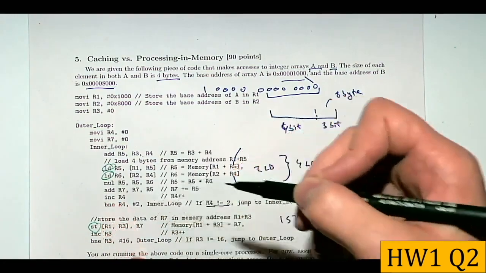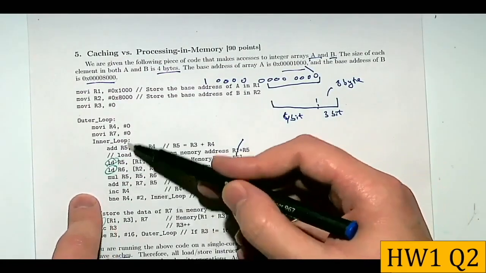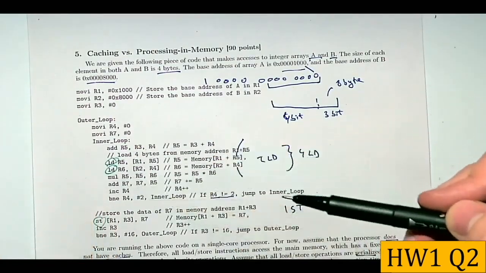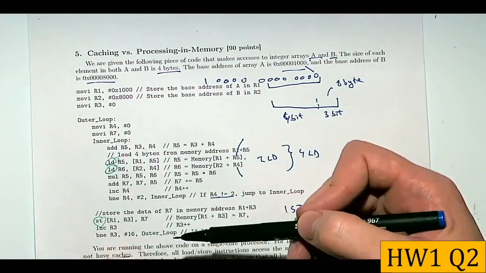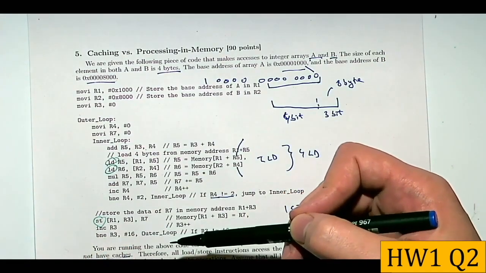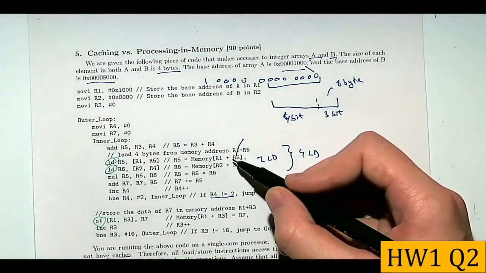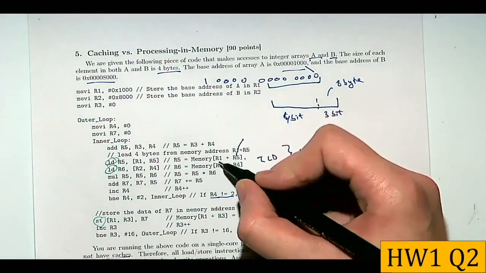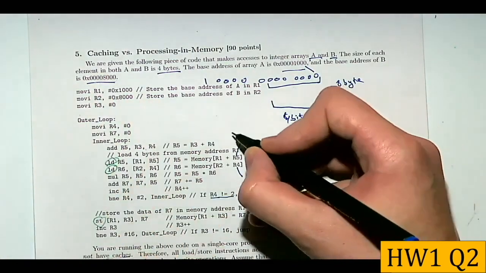R4 is basically the counter that we modify inside the inner loop, right? So it gets either 0 or 1 as a value. And then R3 is the outer loop iterator, which gets values from 0 up to 15. And so basically what will happen here is we will first access A0, right? Because initially R5 will be 0 plus 0.